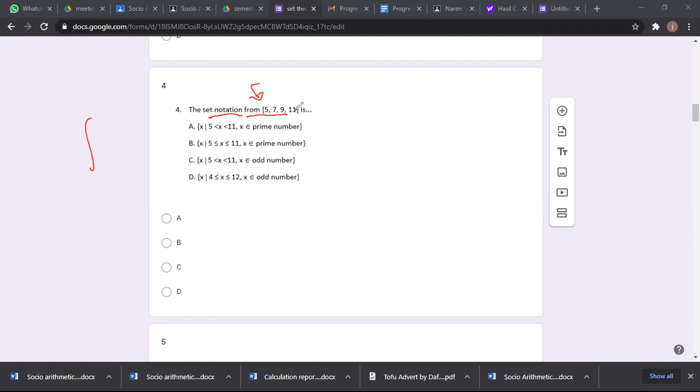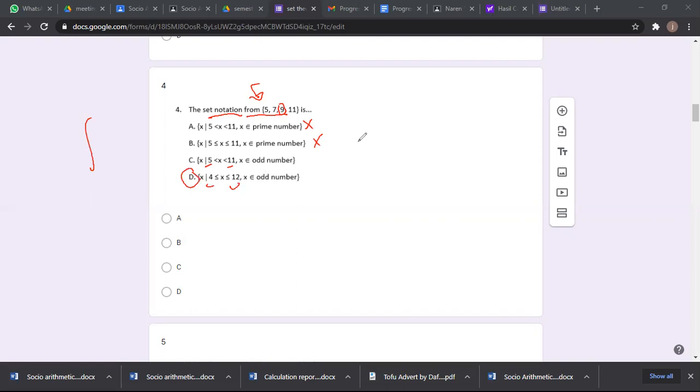Is it a prime number? I don't think so, because we have 9 here. So we can eliminate these two options, and only C and D count. Which one is the correct one? Here we have x between 5 and 11, but here we have 5 and 11, so I don't think this is correct. So the answer is D.